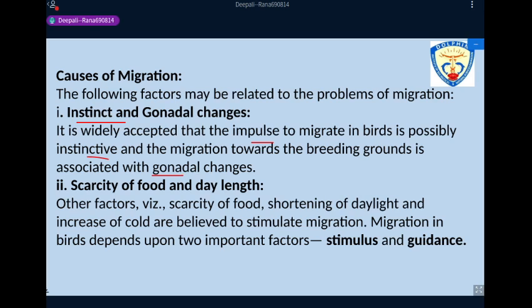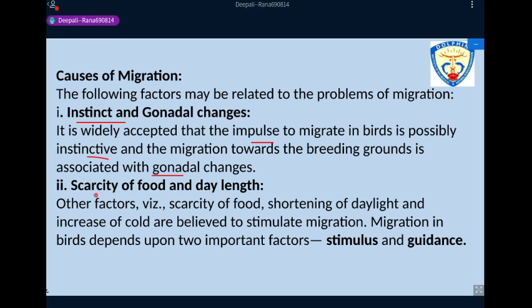Gonadal changes. That means the hormones released by the gonads of a bird give the signal to the brain that the bird should start migrating, that the bird should prepare itself for certain changes, and these changes will lead them to travel to different places.